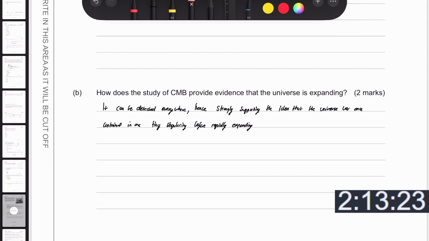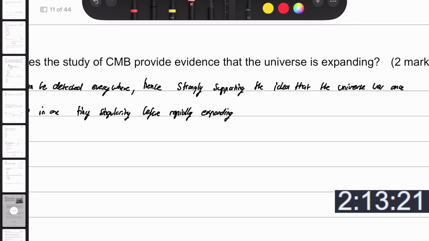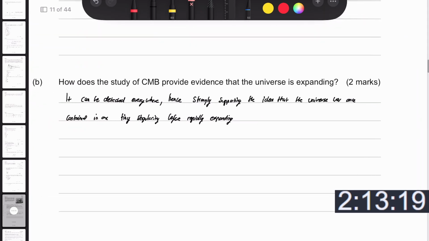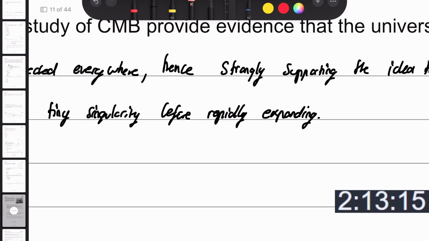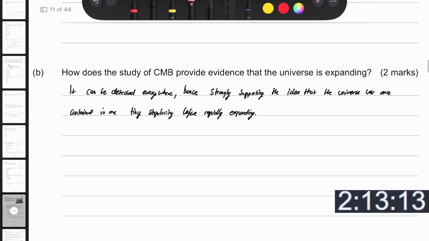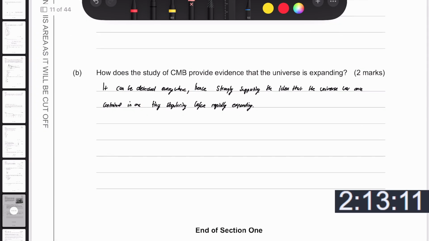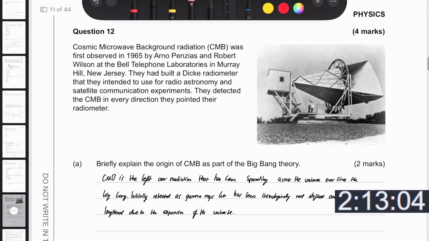I think that's it. Can be detected everywhere. There was once a tiny singularity before rapidly expanding. I think so. Cosmic microwave background.